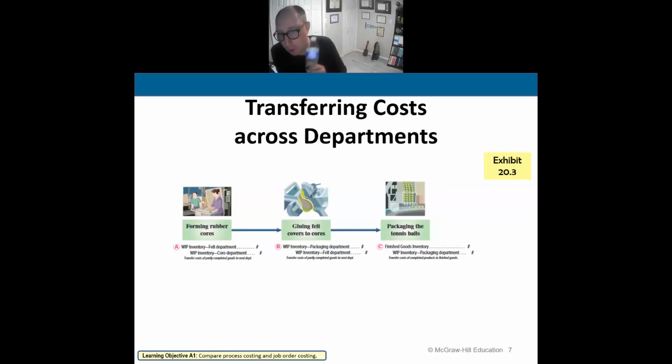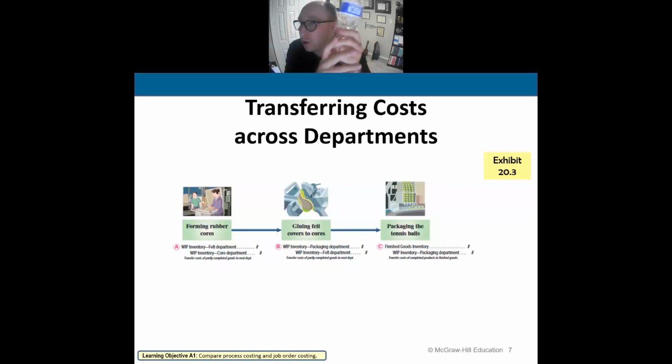This moves down the conveyor belt. It's adding more cost as it goes down the conveyor belt. I added material, I added labor, I added overhead, and I did it again. More material, more labor, more overhead. Then I did it again. More material, more labor, more overhead. And then it becomes finished good. Okay? So the same concept applies.